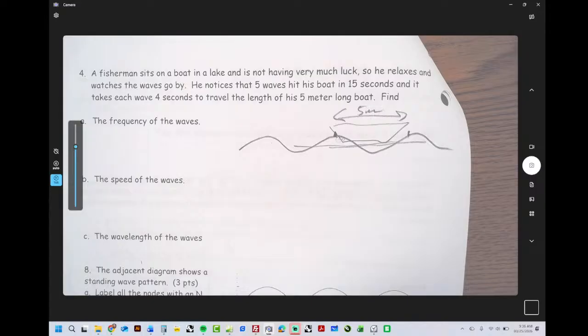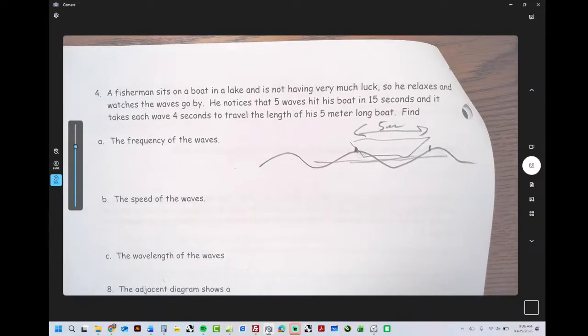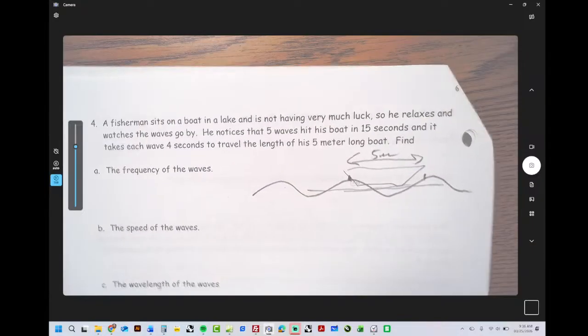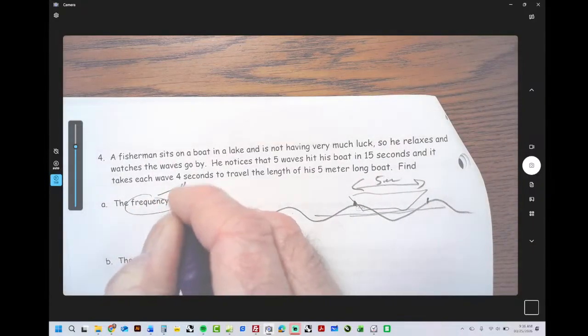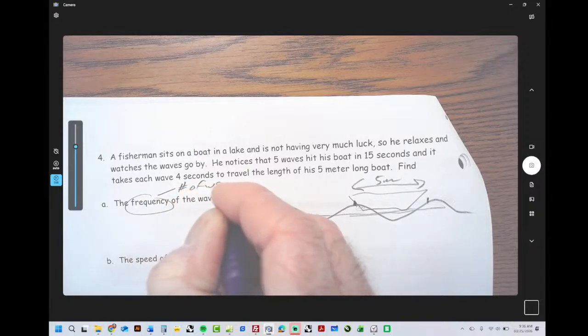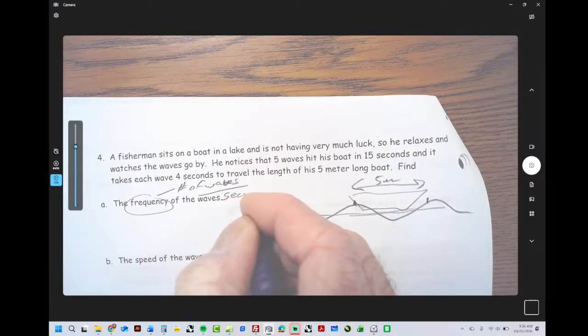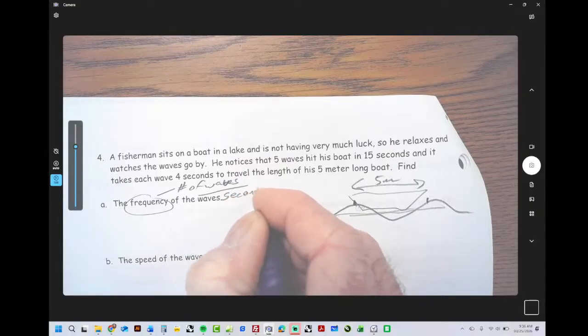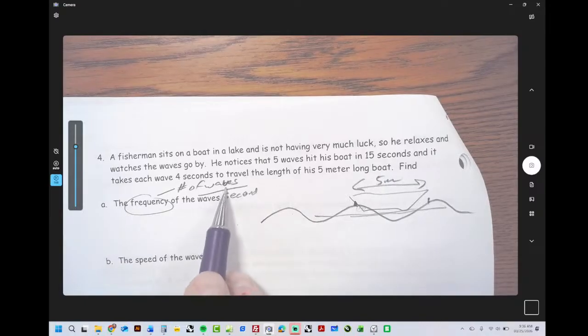Okay. Macy, do you know what the frequency is, or can you tell me how to figure it out? The definition of frequency is the number of waves per second. So this is sort of a formula and sort of a way of writing it: waves per second, or the number of waves divided by the time.